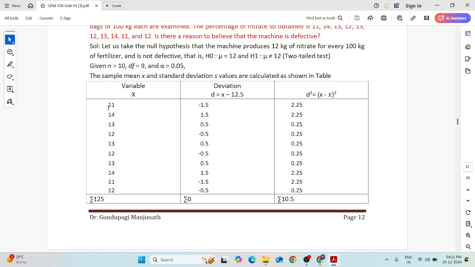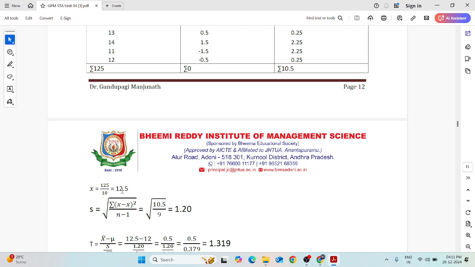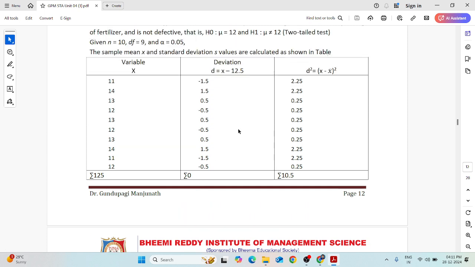Suppose I consider this variable as x, so d will be the deviation, d will be x minus 12.5. How did I get 12.5? The summation of the values divided by the number of observations equals 12.5. So this 12.5 I am considering as the mean, x minus x mean.